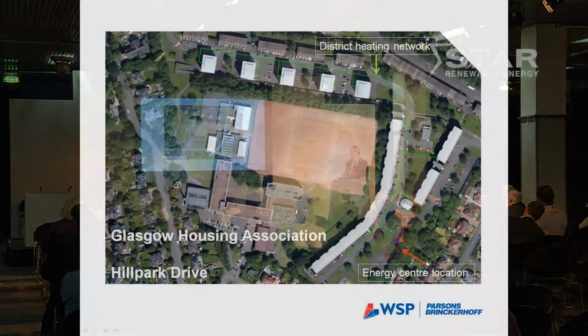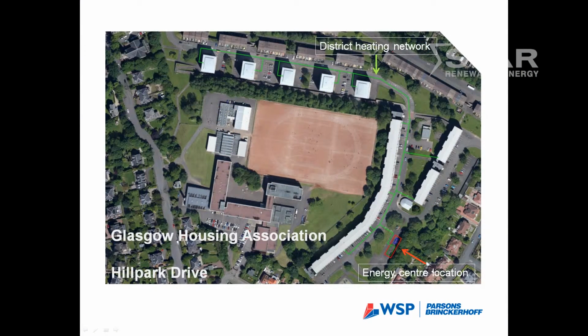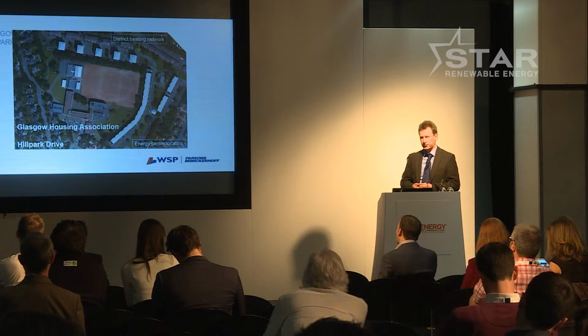So, to go on to the actual project we've been looking at to illustrate the case. This project started off with Glasgow Housing Association, and it's an estate called Hill Park Drive. It's a 350-home social housing estate in the south of Glasgow.